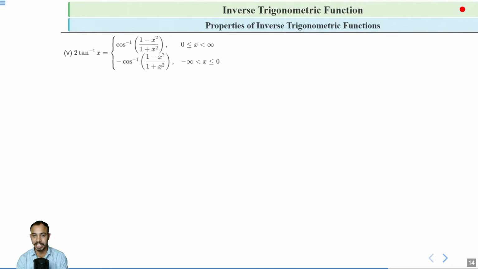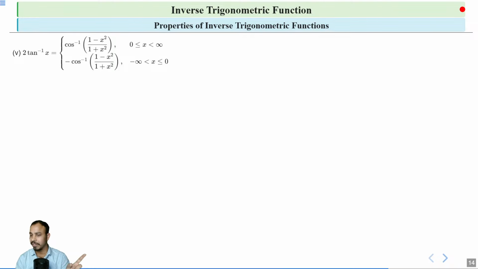Then moving to the next, we have 2 tan inverse x in terms of cos inverse. So 2 tan inverse x is equal to cos inverse of 1 minus x square divided by 1 plus x square. Here 0 is less than or equal to x less than infinity. When minus infinity is less than x less than or equal to 0, then 2 tan inverse x is equal to minus cos inverse of 1 minus x square divided by 1 plus x square. Okay, so by using the formula of tan 2x, this is equal to 1 minus cos square x divided by 1 plus cos square x.